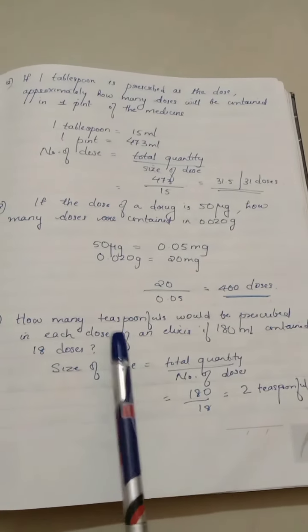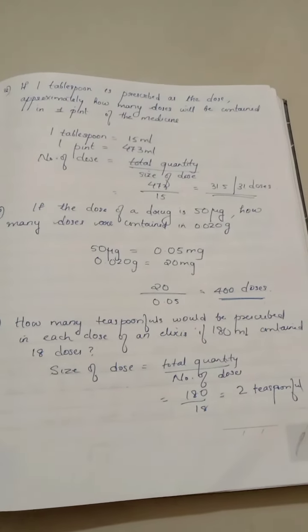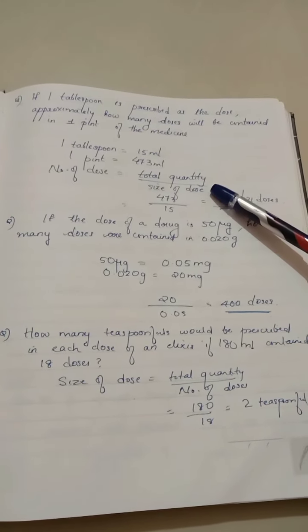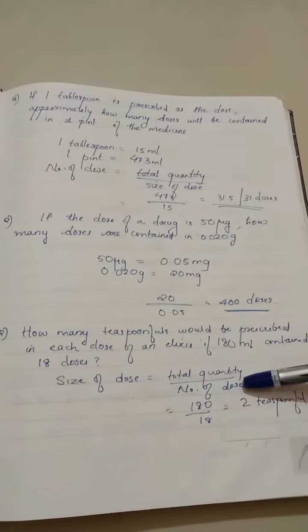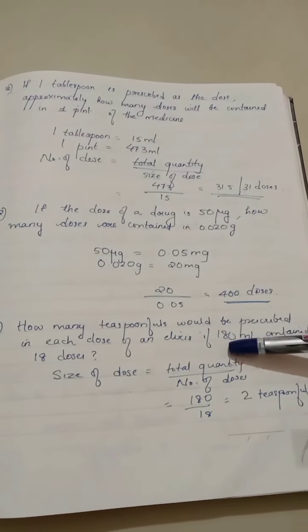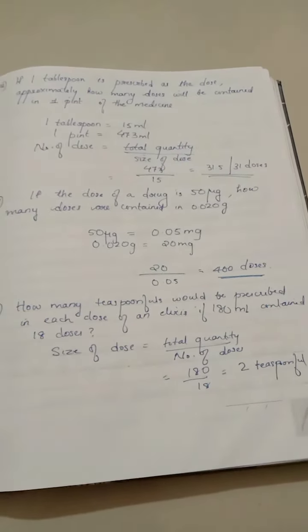We have to find how many teaspoonfuls, that means the size of the dose. From the same equation we can find the size of the dose. Size of the dose will be equal to total quantity divided by number of doses. With 18 doses and 180 ml, we'll be able to find the size of the dose.